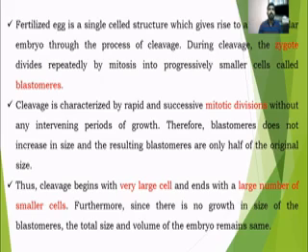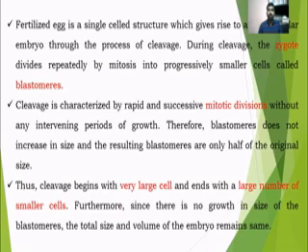So let us see what cleavages mean. During these cleavages, the zygote rapidly divides and redivides, but it is a mitotic cell division process. Mitosis means the number of chromosomes is retained as it is in the daughter cell.